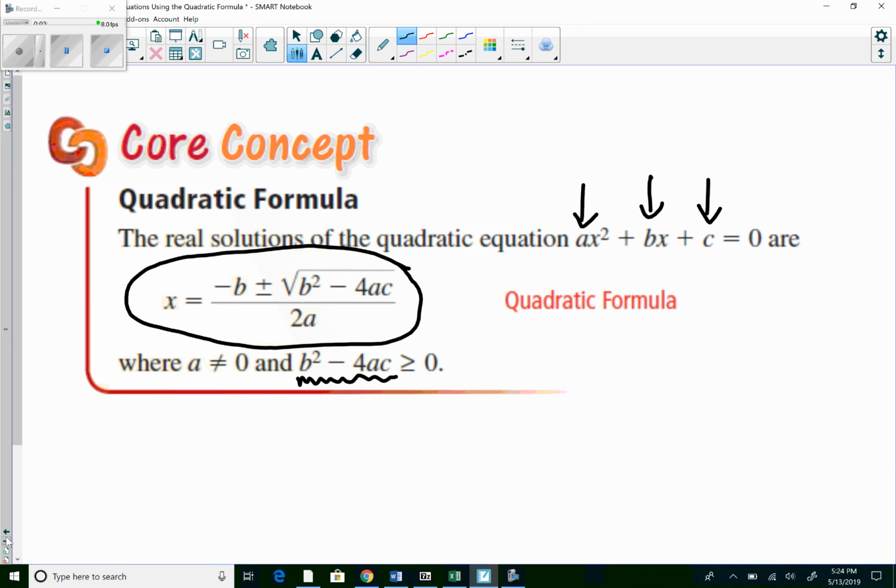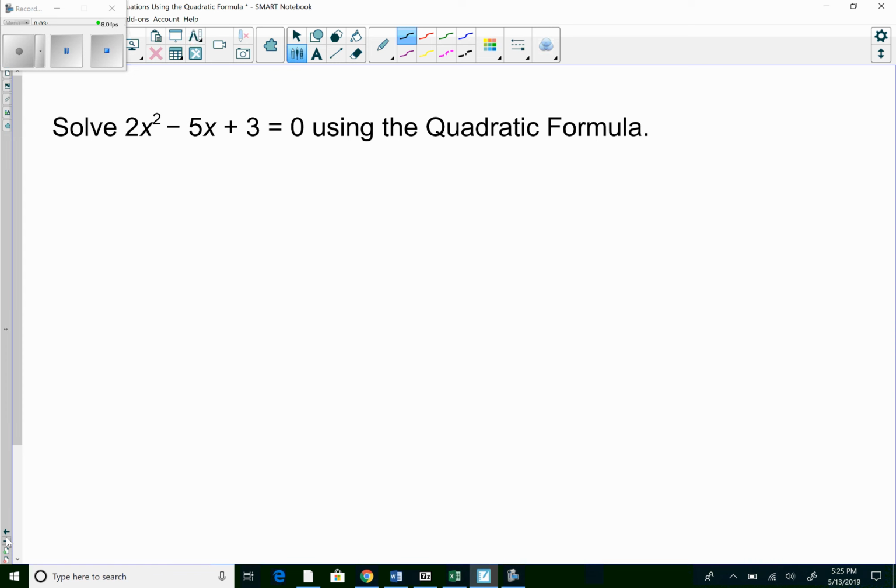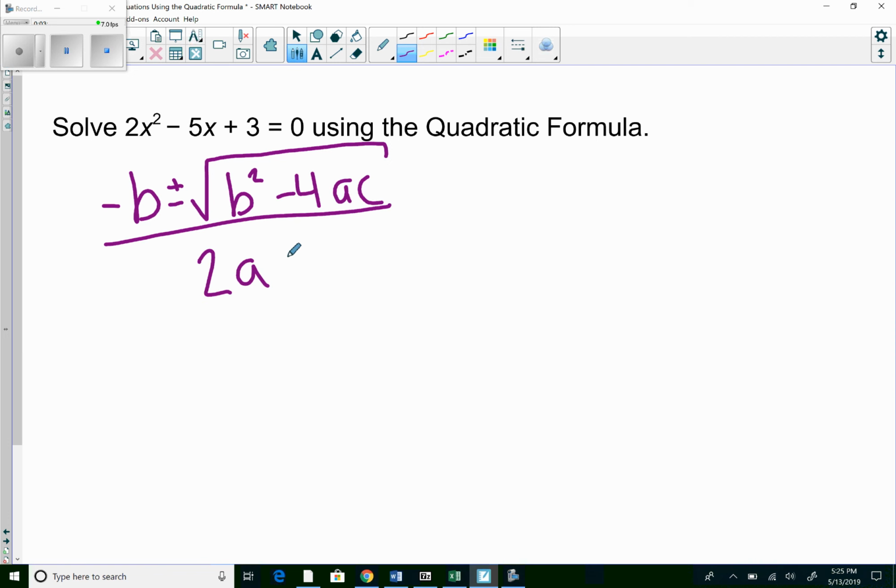All right, let's do 2 examples. I will do for sure one with you, maybe a second. Solve 2x squared minus 5x plus 3 using the quadratic formula. Here's the first thing that I suggest doing: write out the formula. Opposite b plus or minus the square root of b squared minus 4ac all over 2a.